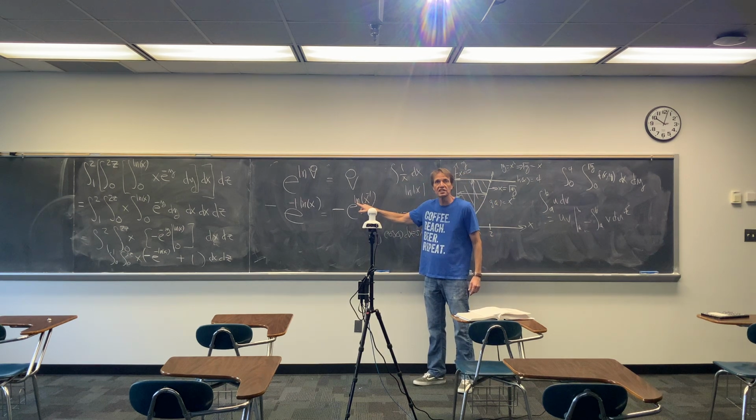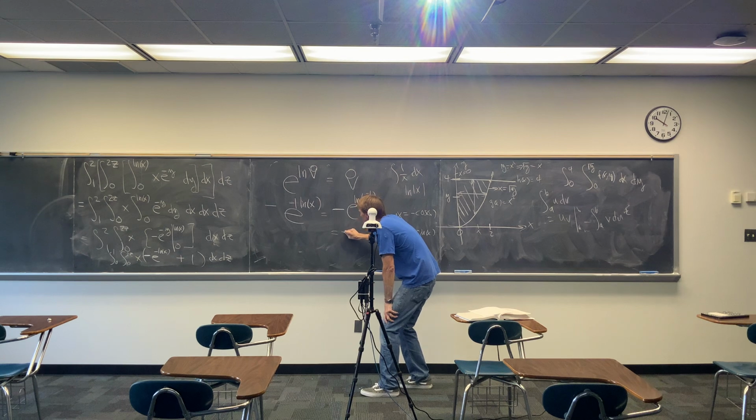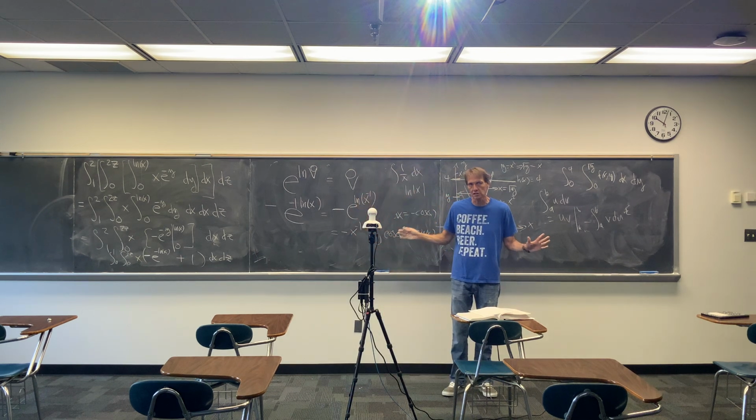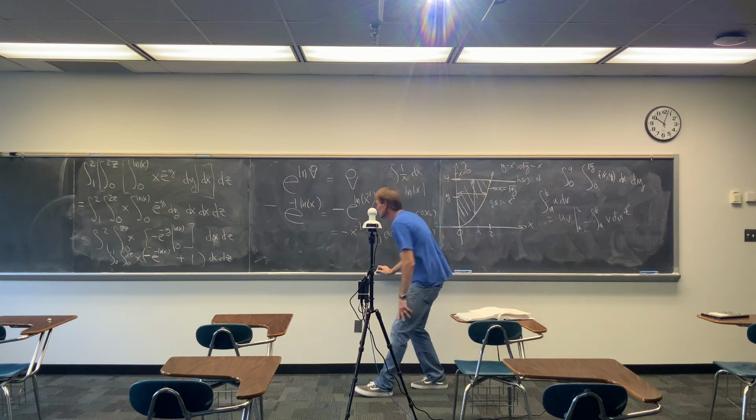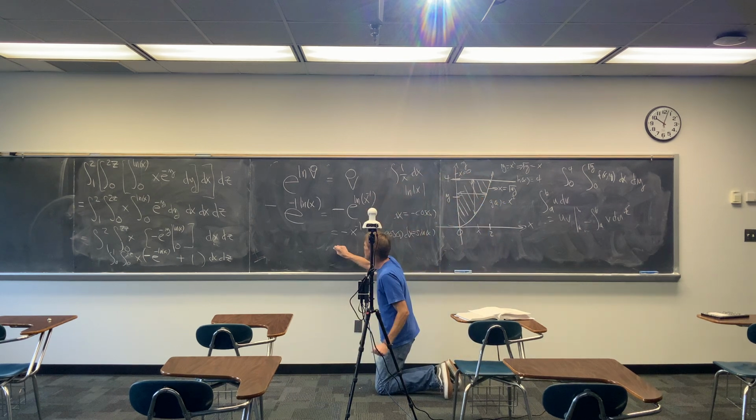Now, is this set up so that we can use our algebra flashcard? And so this ends up being minus x to the negative 1. Not a lick of calculus in this. This is all algebra, which is the same thing as minus 1 over x.